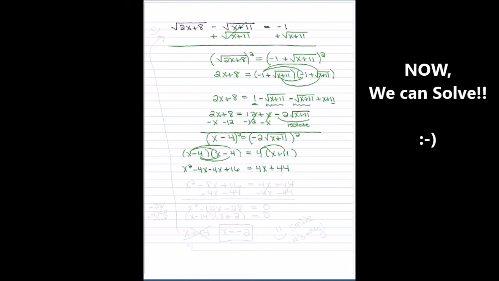And we're finally at the point where all the radicals are gone and we need to solve the equation. This is a quadratic, so I need to work to get everything on one side. I combine the negative 4 and 4 and get negative 8. I'm going to move the 4x and I'm going to move the 44.